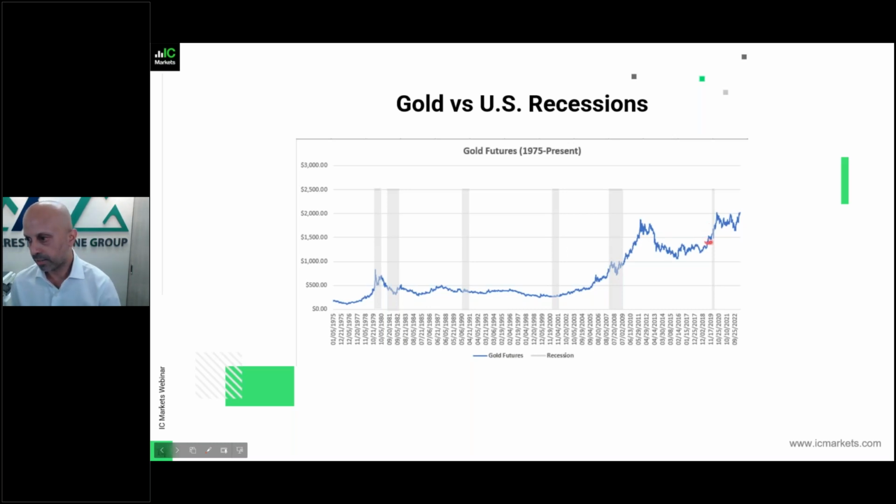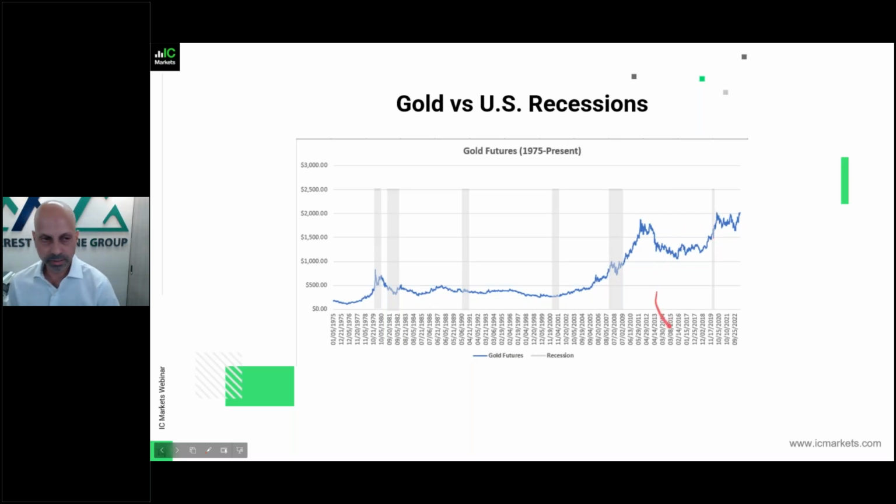Okay, and similarly here as well, we can look at it right in the middle of the pandemic lockdowns. The price of gold was rising, and as we had the lockdowns, the price of gold actually dipped. It fell down to 1,500 per ounce before reversing and then going higher.